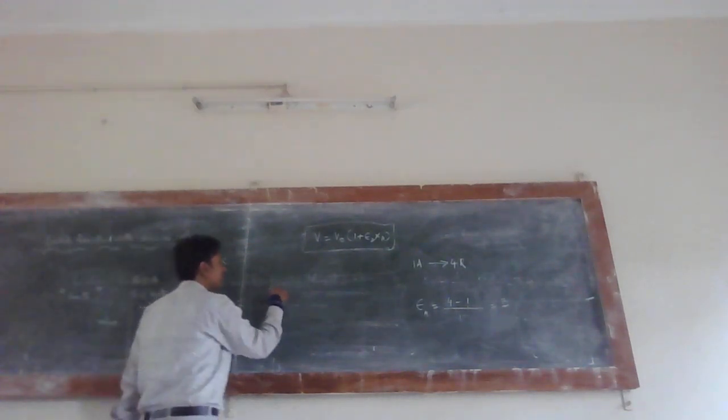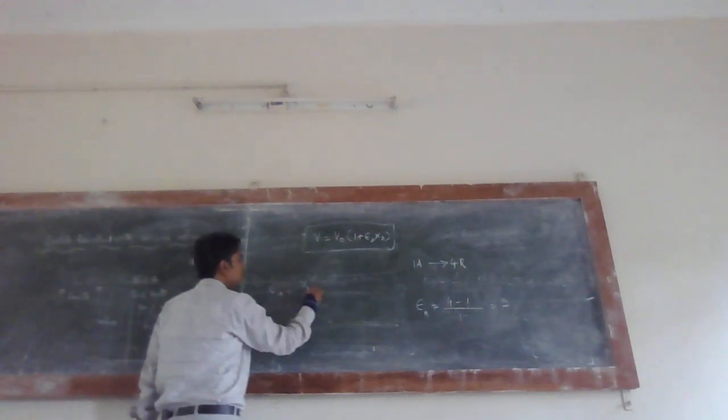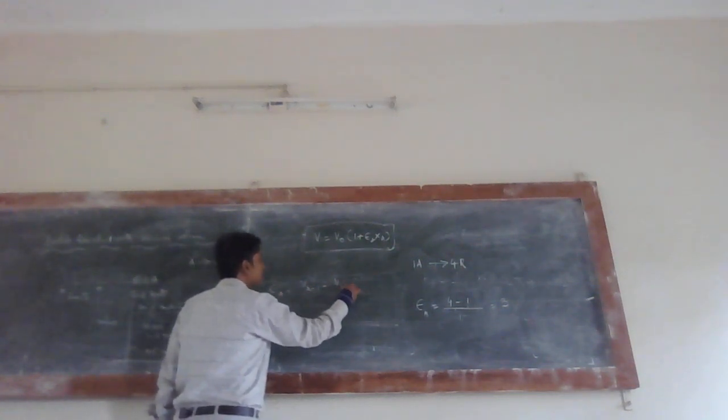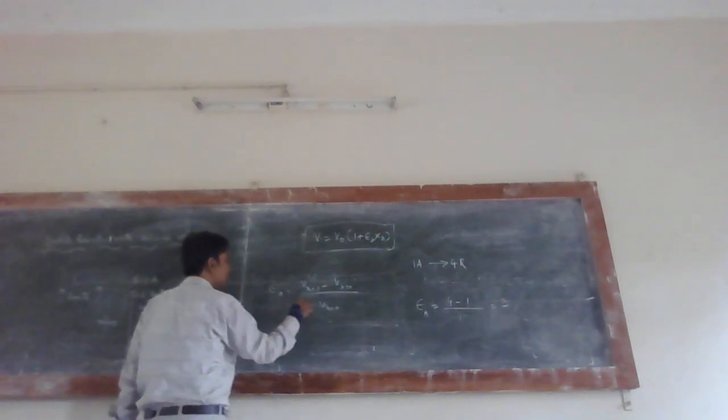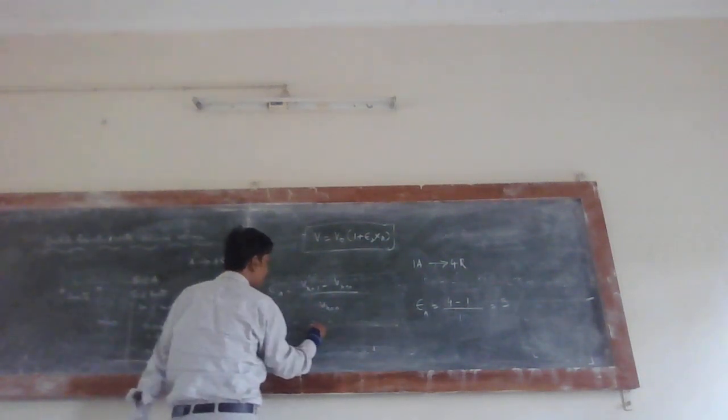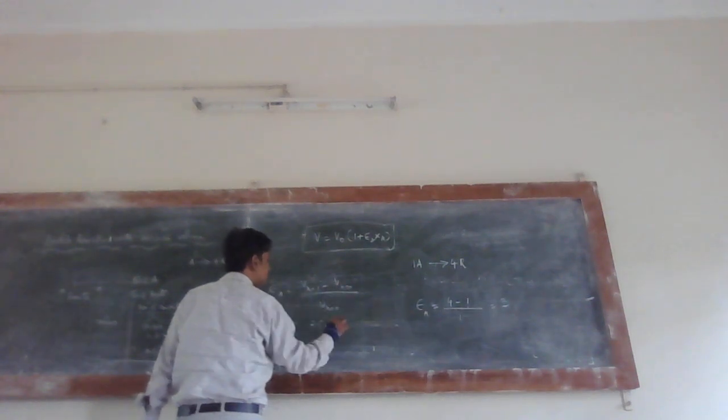So what is our epsilon? V at x equal to 1 minus V at x equal to 0, divided by V at x equal to 0. At 100% condition we have 3.4. At 0% condition we have 1.